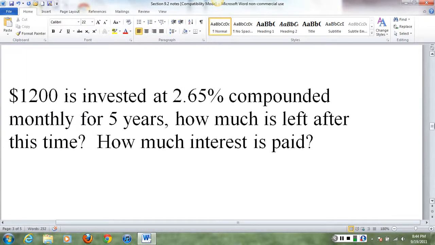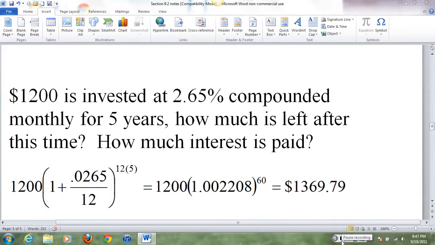Here's a common question. 1,200 is invested at 2.65% compounded monthly for 5 years. How much is left after that time, and then how much interest is paid? And here's the equation filled out. Again, following my general compound interest formula, I have 1,200 times the quantity, 1 plus R, 0.0265 over 12, raised to the 12 times T power, 12 times 5 for 5 years.